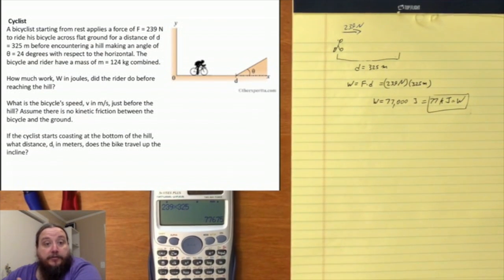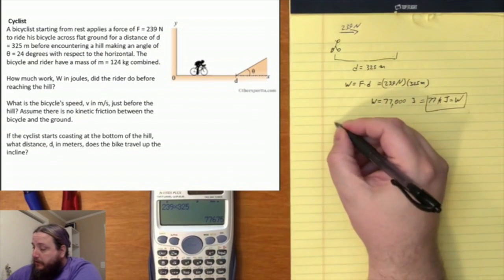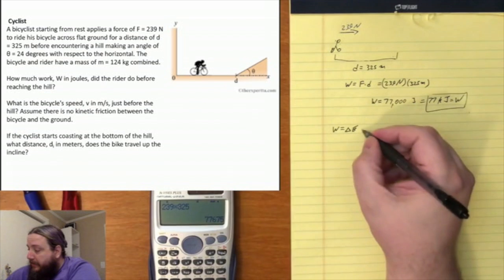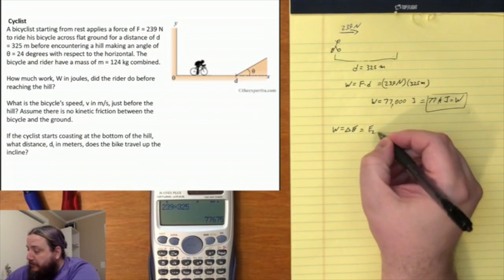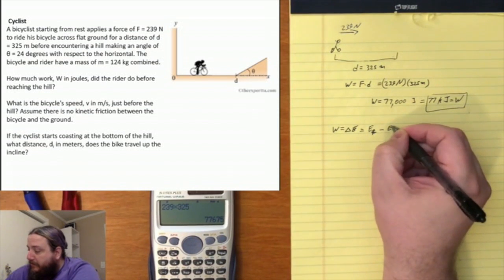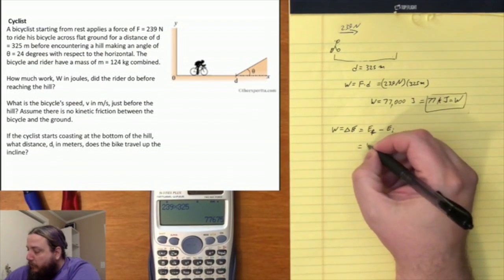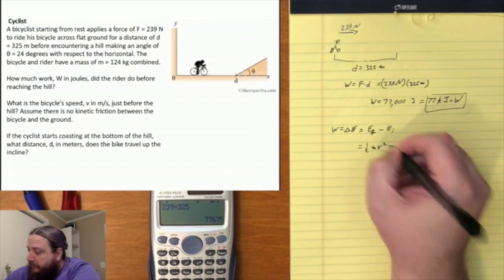Now, if the bicycle started at rest, the work here is the change in the energy. That's the final energy minus the initial energy. Well, the final energy is going to be, the bicycle is moving at some speed v, it's got kinetic energy. So that's 1/2 mv squared.